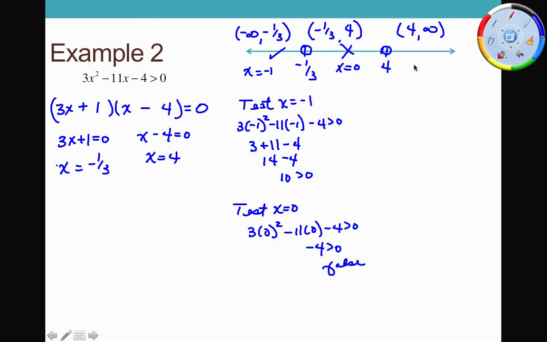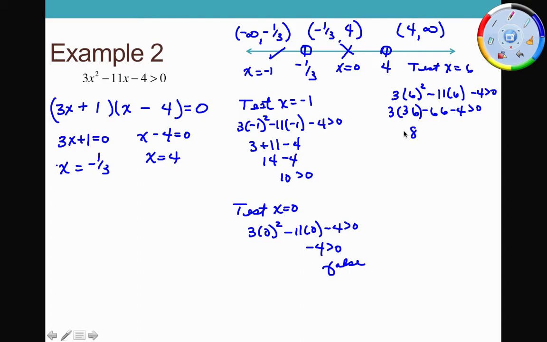And then let's test a value here. How about x equals 6? And it's just a random value in that right interval. So for x equals 6, I'm going to have 3 times 6 squared minus 11 times 6 minus 4. So that's 3 times 36 minus 66 minus 4.